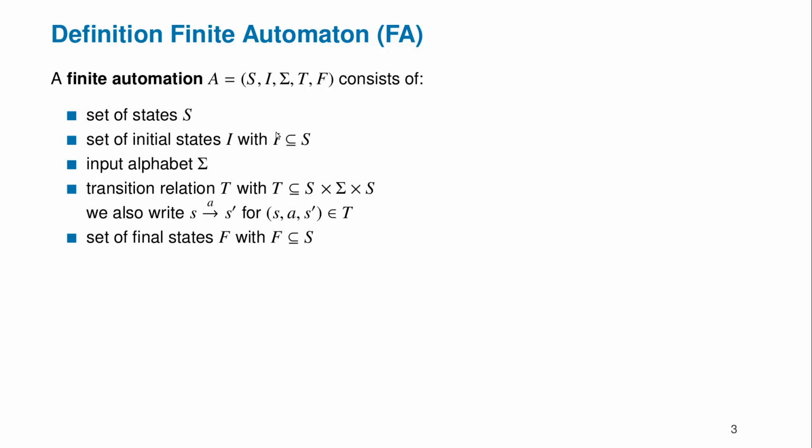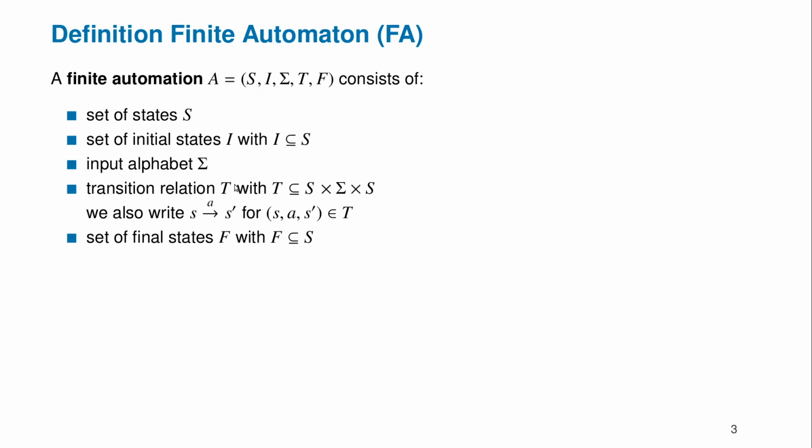and we can have multiple initial states. So even every state could be an initial state. We will discuss the consequences a bit later in detail. Then we have the input alphabet sigma, and we have the transition relation, which tells us how to connect the states.